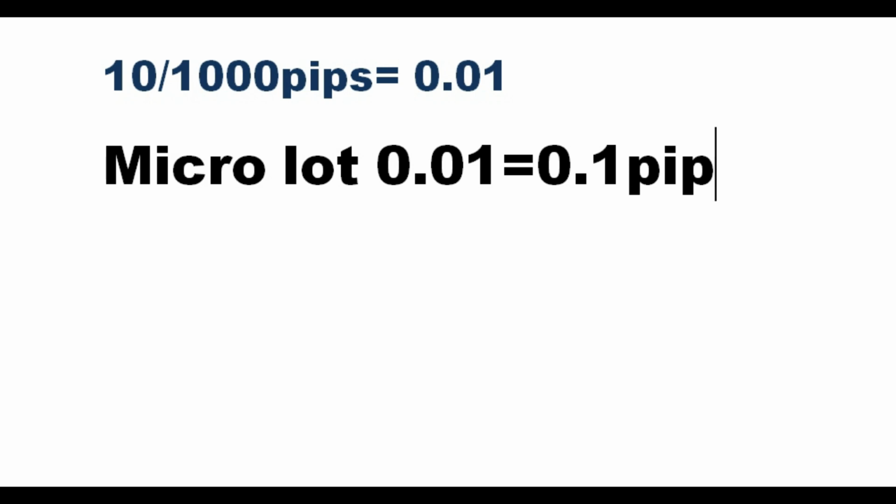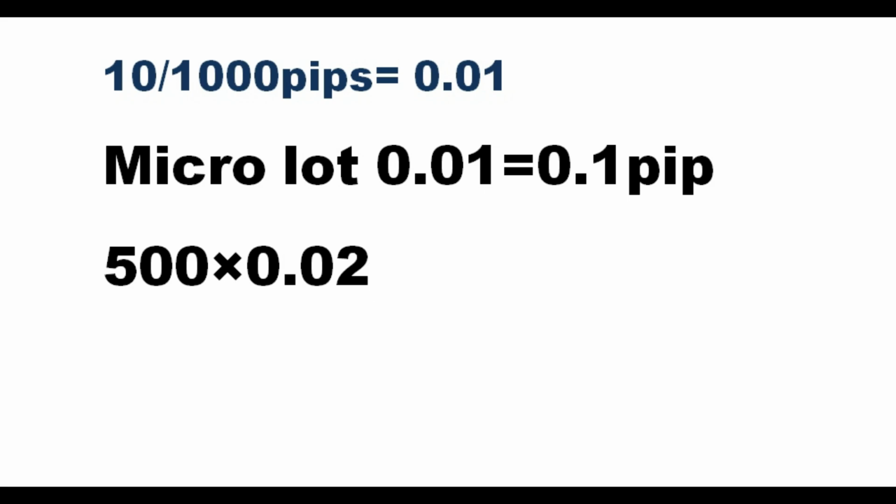That means if you are trading a $500 account, we multiply by the risk, which is 0.02, and then we get $10.